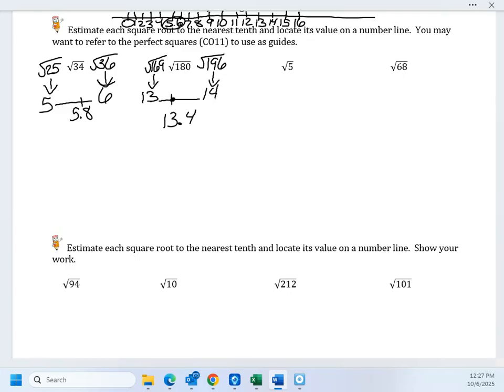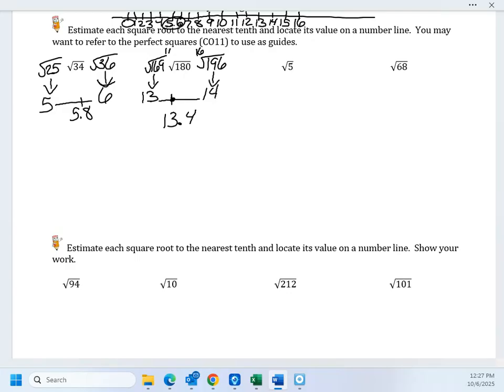So you're going to show me where it is on that number line. Let's see, 169 to 180 is a difference of 11, and 180 to 196 is a difference of 16. So I know it's going to be on the bottom half. So I would accept 13.4.